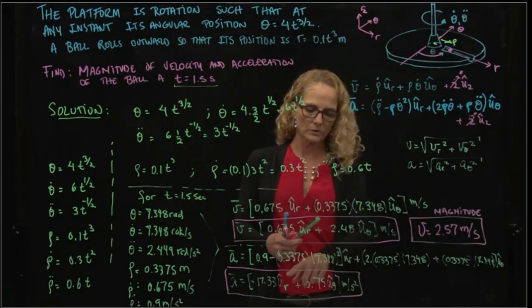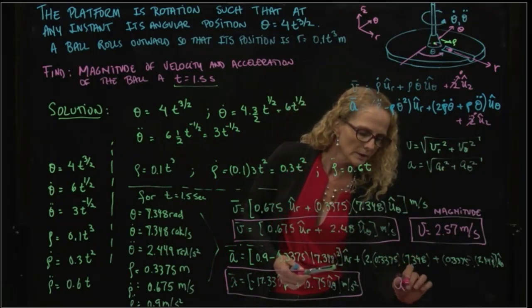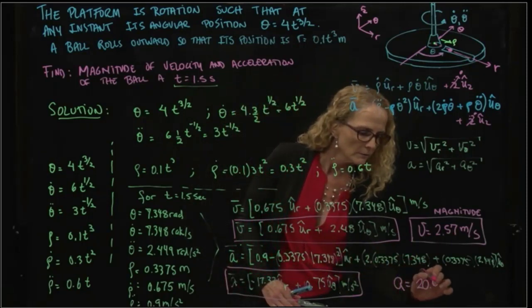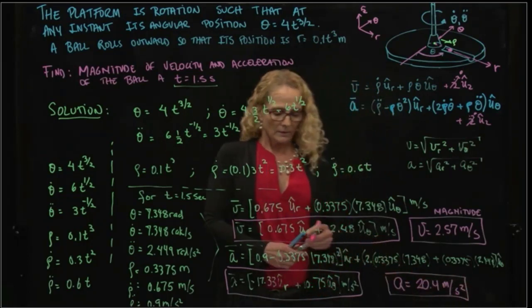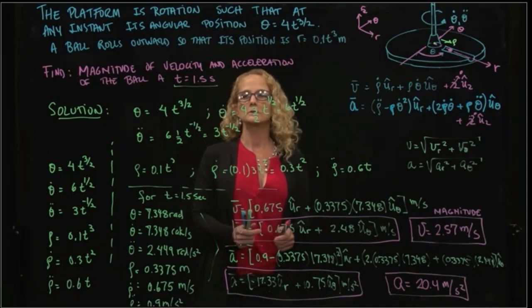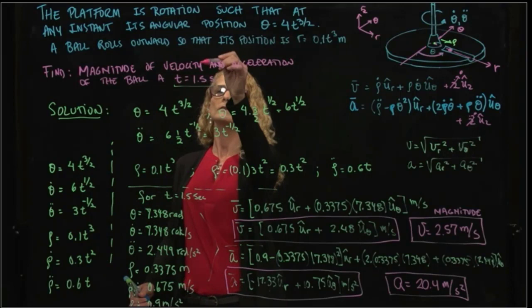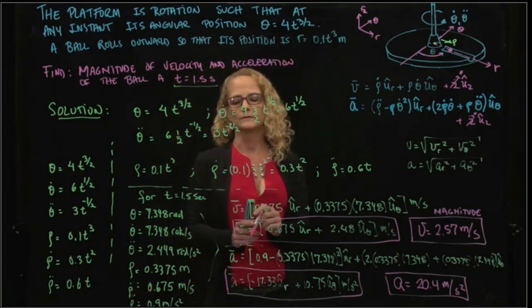If I plug those two values in here and square the values, I get the acceleration magnitude equal to 20.4 meters per second squared. So that gives us what we were being asked: the magnitude of the velocity and the acceleration for the ball at t equals 1.5 seconds.